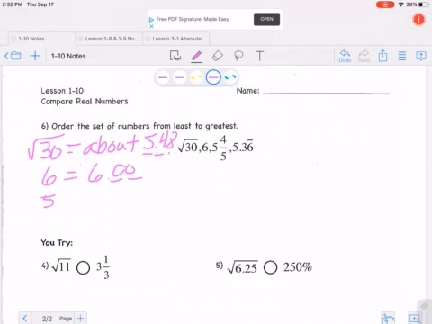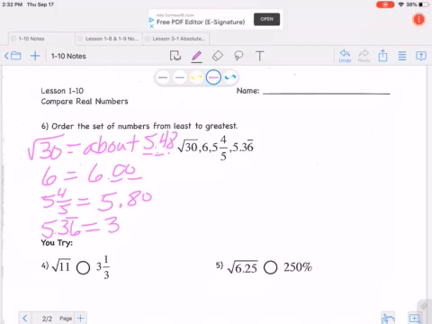Then I have 5 4/5, which is going to be 5.80. And then 5.36 with the 6 repeating, I would have 5.366. If I wanted to round this, you would have 5.37.